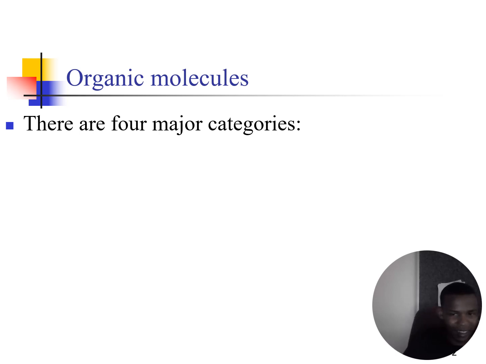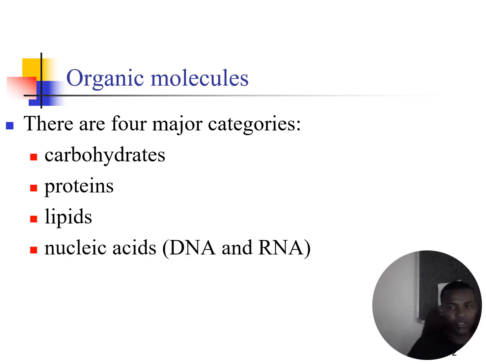We have carbohydrates, proteins, lipids, and nucleic acids. So these are the major categories of organic molecules.